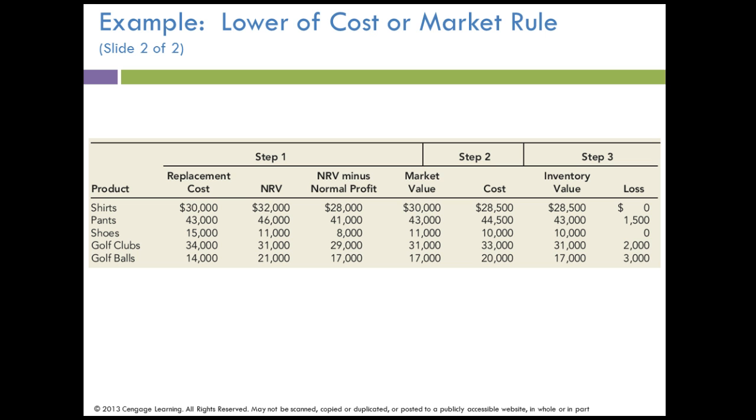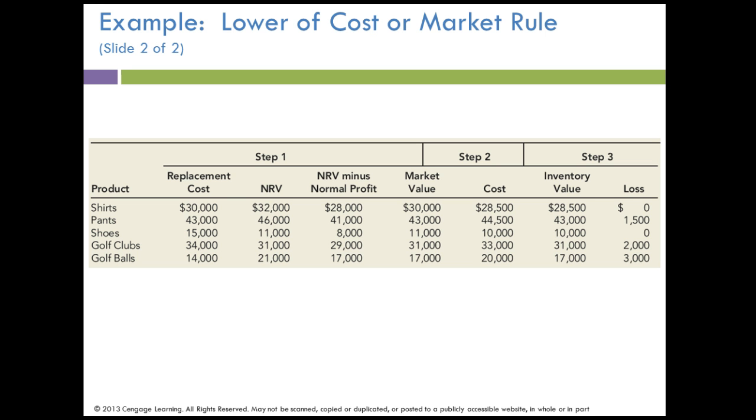The replacement cost here is $43,000. So our ceiling's $46,000, our floor is $41,000, but our replacement cost is $43,000. We purchased them for $44,500. So we're going to need to write off a $1,500 loss on those pants.